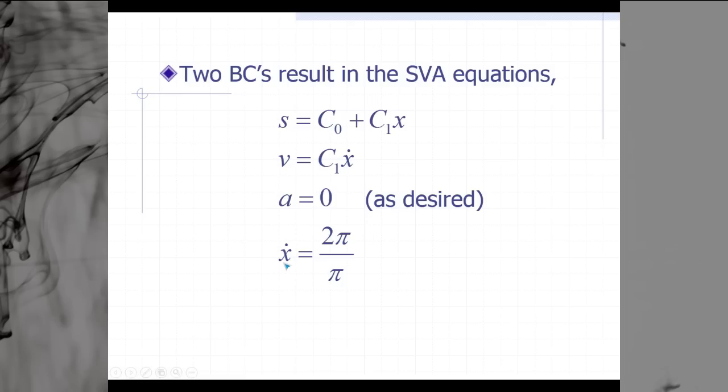For this particular part of the cam profile, our x dot is equal to 2 pi over pi. Again, this is theta dot over beta, but the beta for this particular segment is 180 degrees or pi radians.